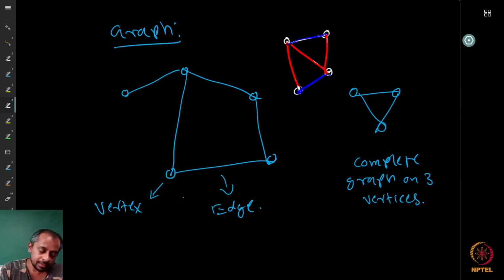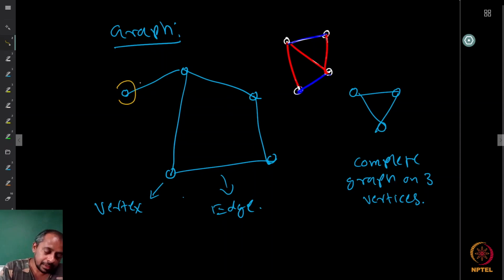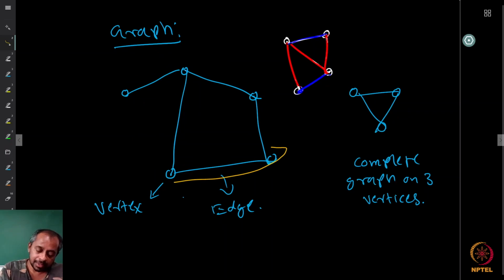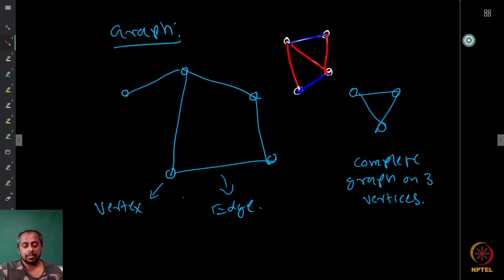Here we have these dots, which are called the vertices of the graph. And then you have 2 element subsets. This forms a binary relation among the elements of V, which is called the edge relation.